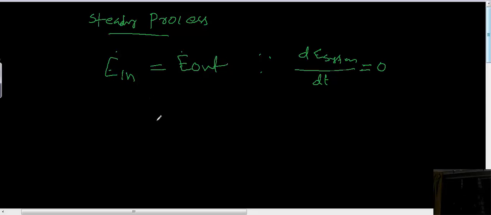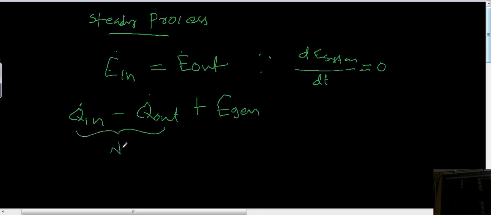Now let us see how we are going to use this equation in heat transfer. Some heat will be coming in, minus this Q out, heat that is going out, plus E generated. This is my net heat transfer. This is heat generated.